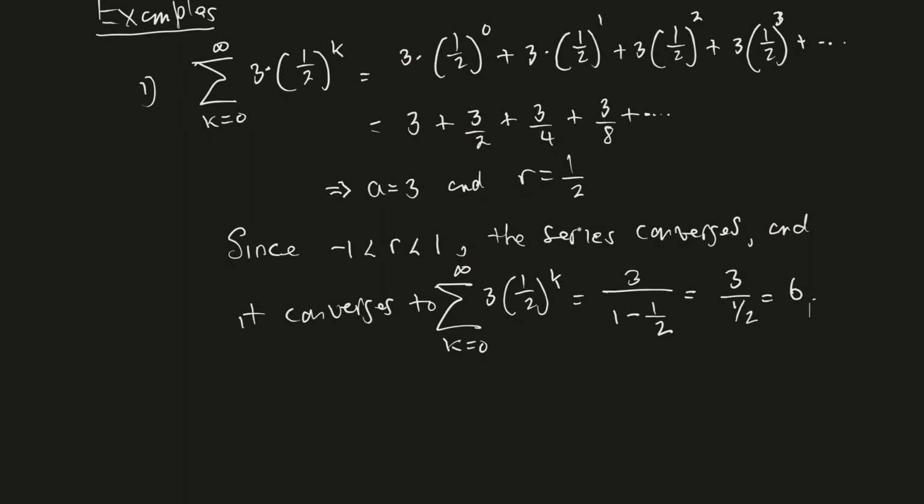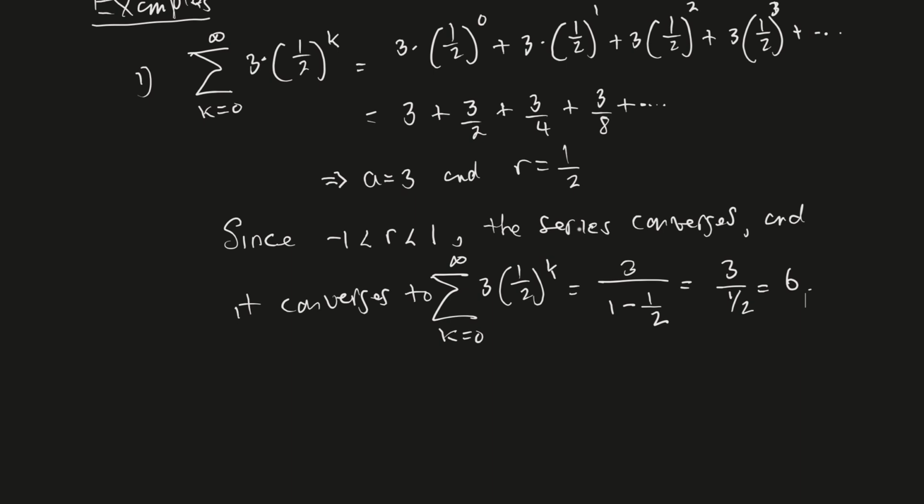So that's our first look. Now, there are other ones, like I said, that can be a little bit more complicated. Let's take a look at this one. Let's say k goes from, again, 0 to infinity.